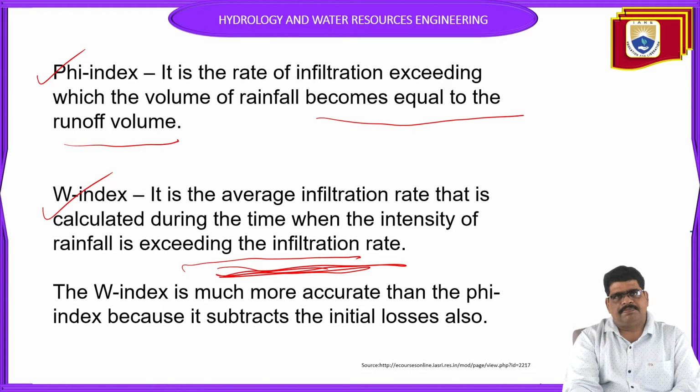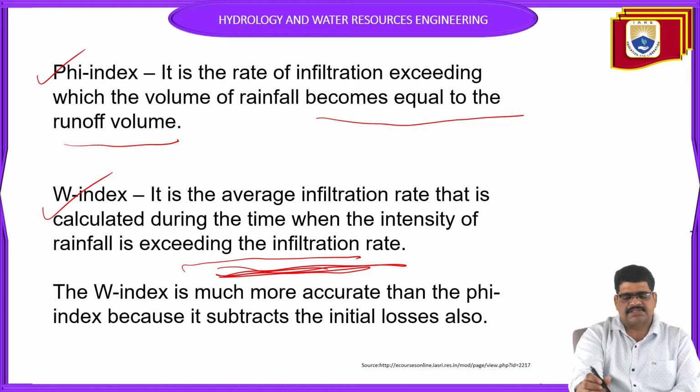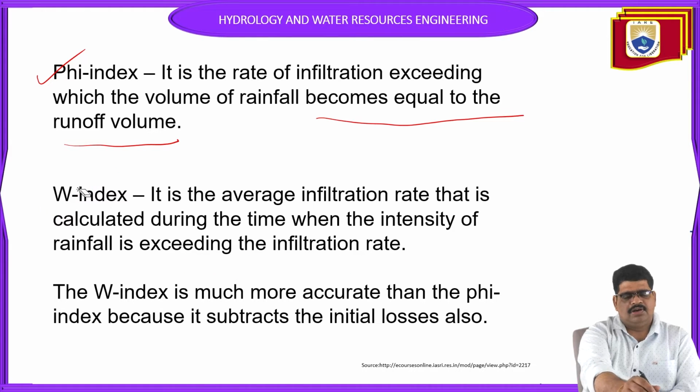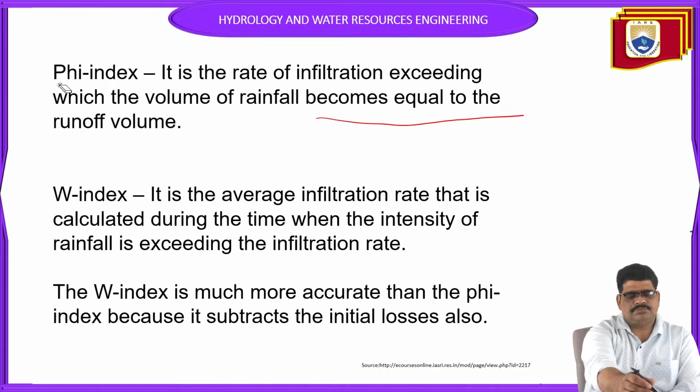The difference between the Phi Index and W index is very important. The W index is much more accurate than the Phi Index because it is suitable for initial losses also, so you should prefer the W index. So this is what we discussed about the W index and the Phi Index.